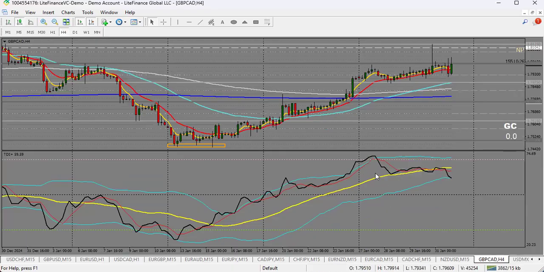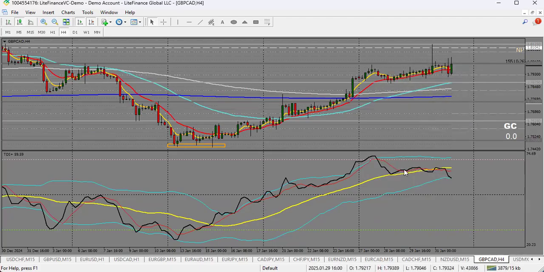When we look at the TDI here, we can see that the market started this movement here. We had a very good move up to this point. We had a reset, another very good move up to the level high, and the TDI started selling here. So the TDI started selling before the market was actually selling.